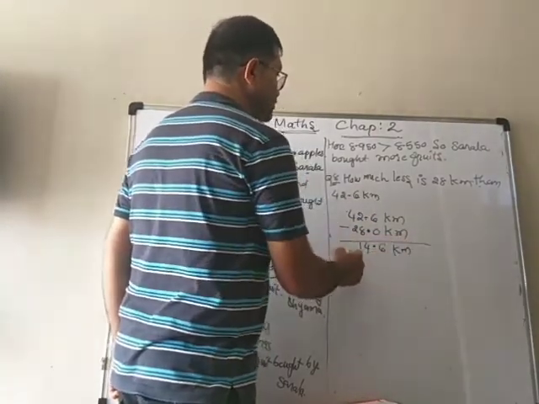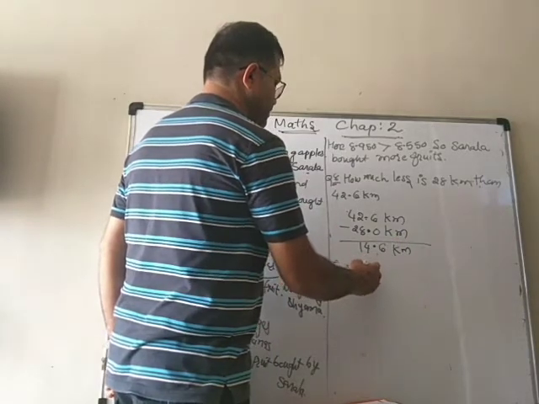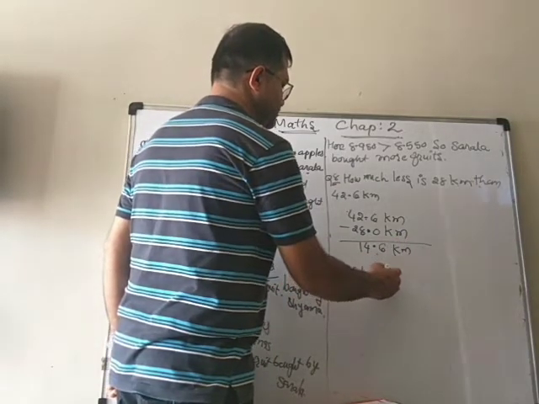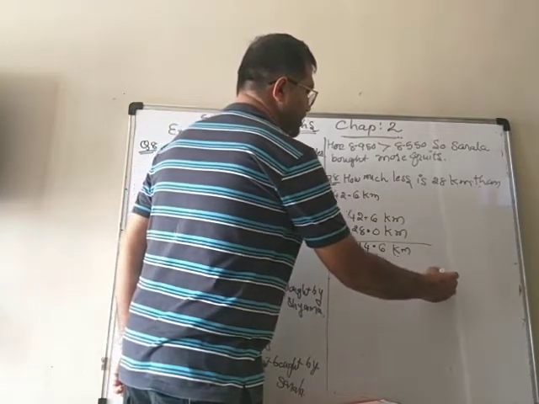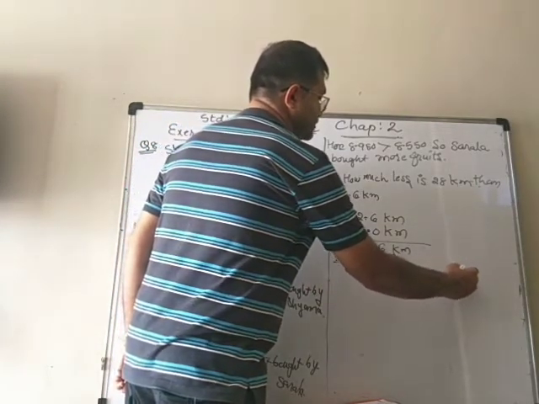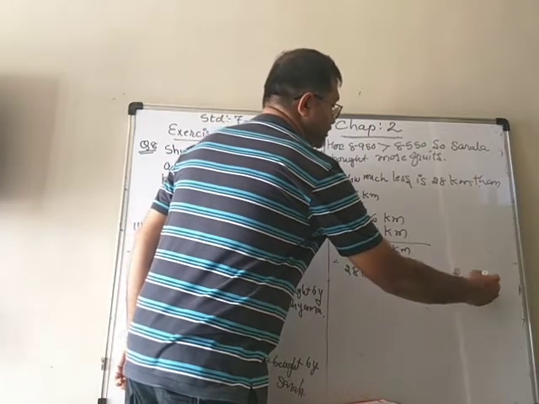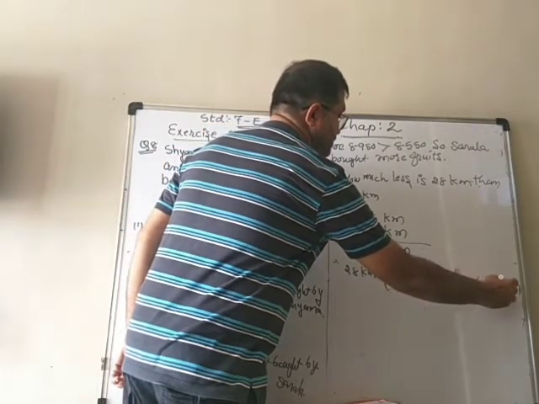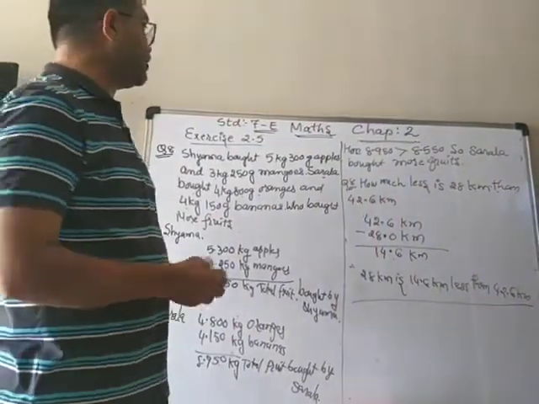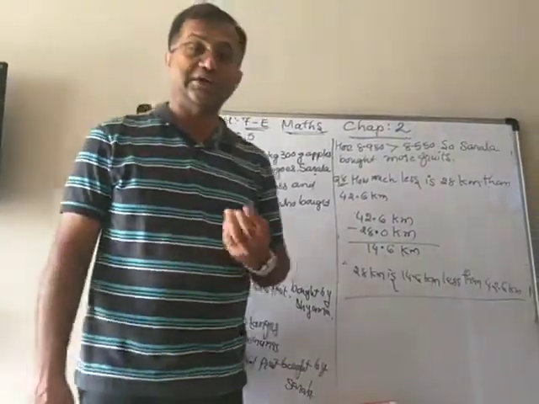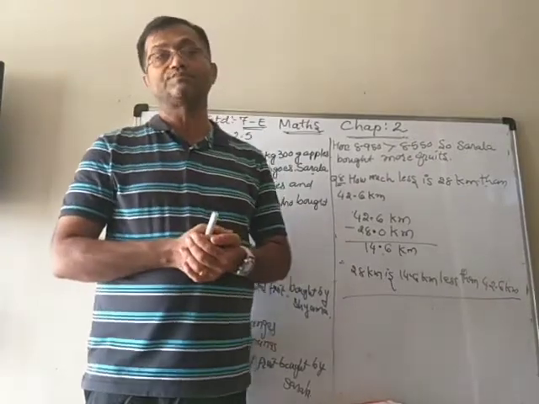So we can write down, therefore, 28 kilometer is 14.6 kilometer less than 42.6 kilometer. So here is the end of this exercise and today's video also.